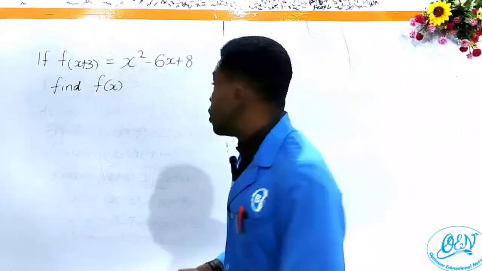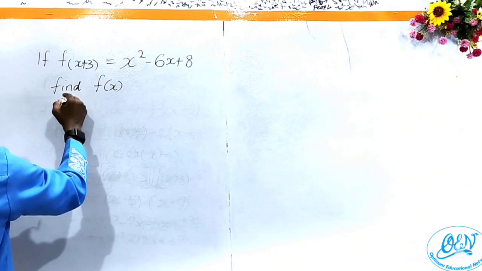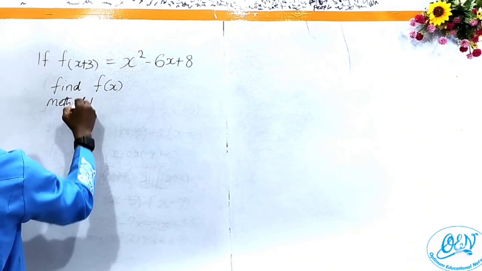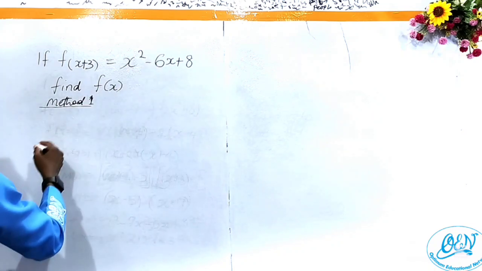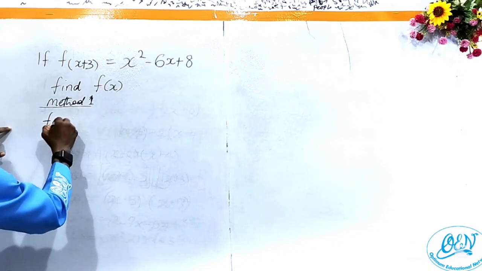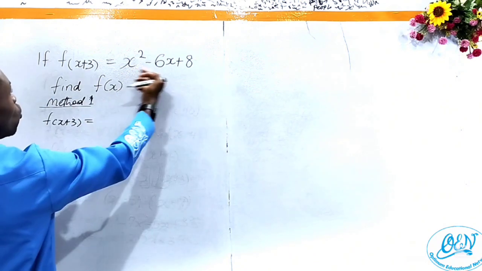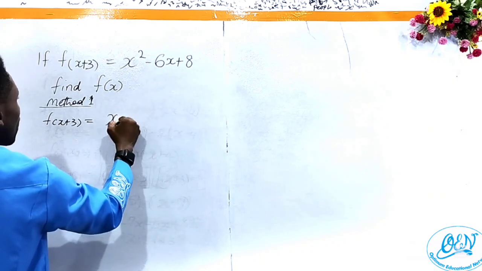So to solve this problem, I say we're going to go about it using two methods. So method one: f of x plus 3 is, we're going to factorize, get the roots of this. So we have x squared.